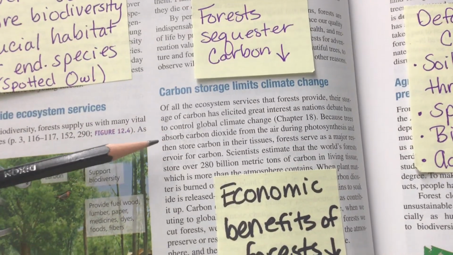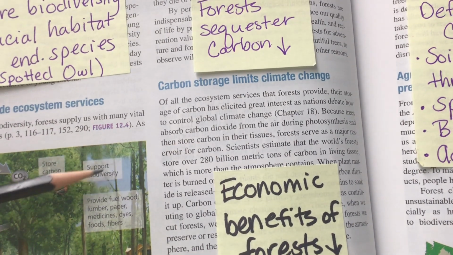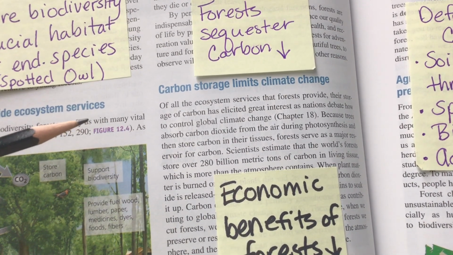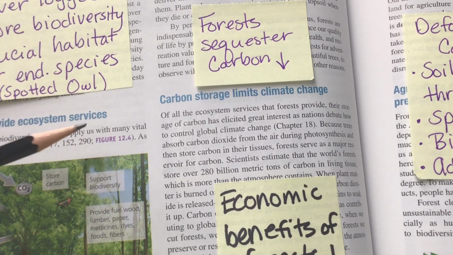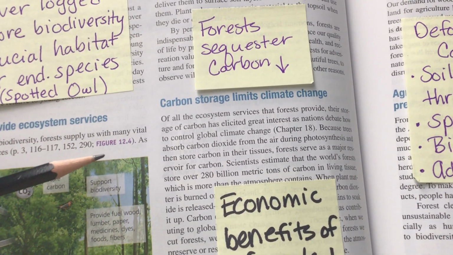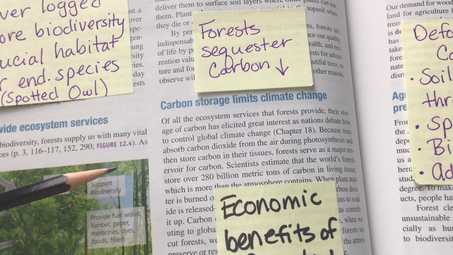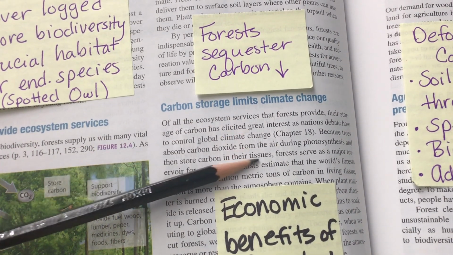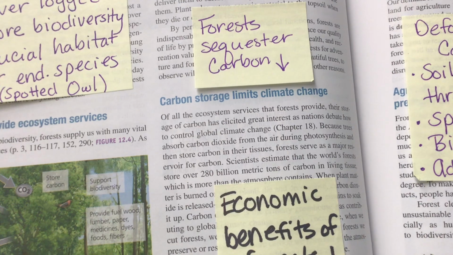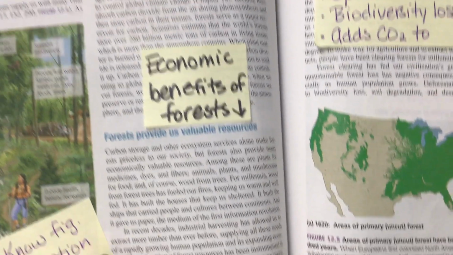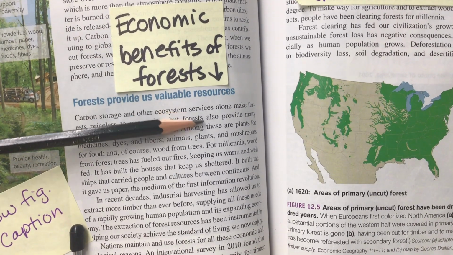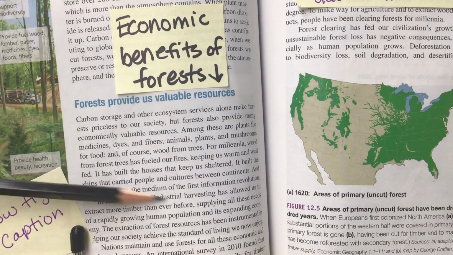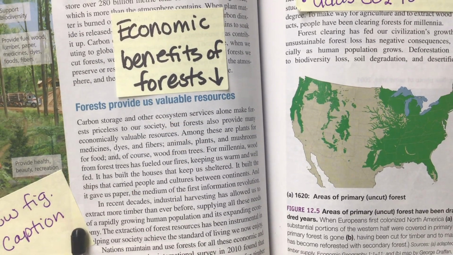So through photosynthesis, when plants take in CO2, the carbon gets stored usually in their trunks. About 80% of it is in their trunks, and it keeps it there. And so it is called carbon sequestration. Extremely important. And then we have economic benefits of forests down here too. We make a lot of money off of forests, standing or cutting them down too.